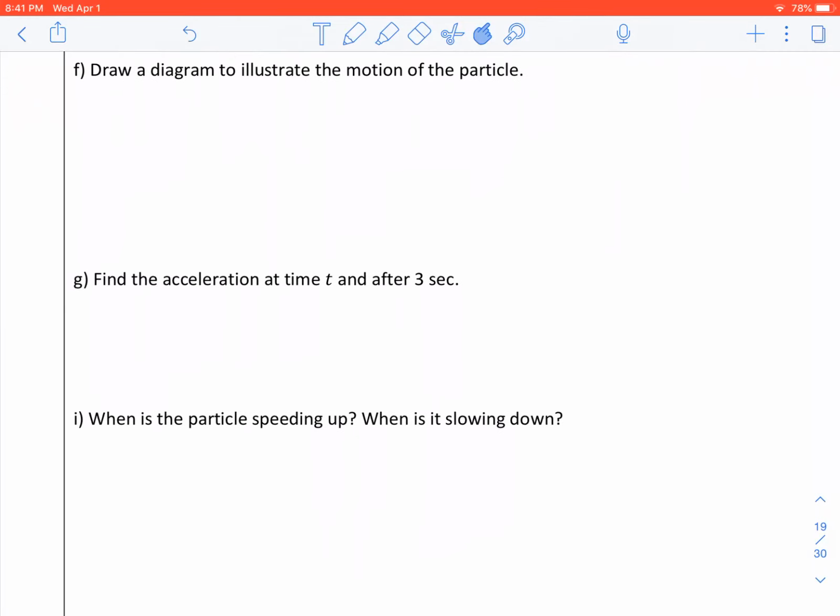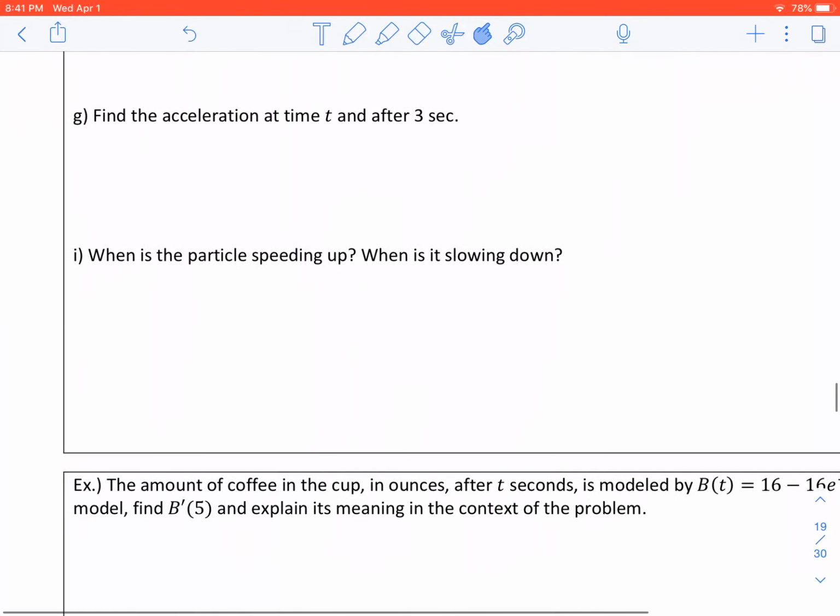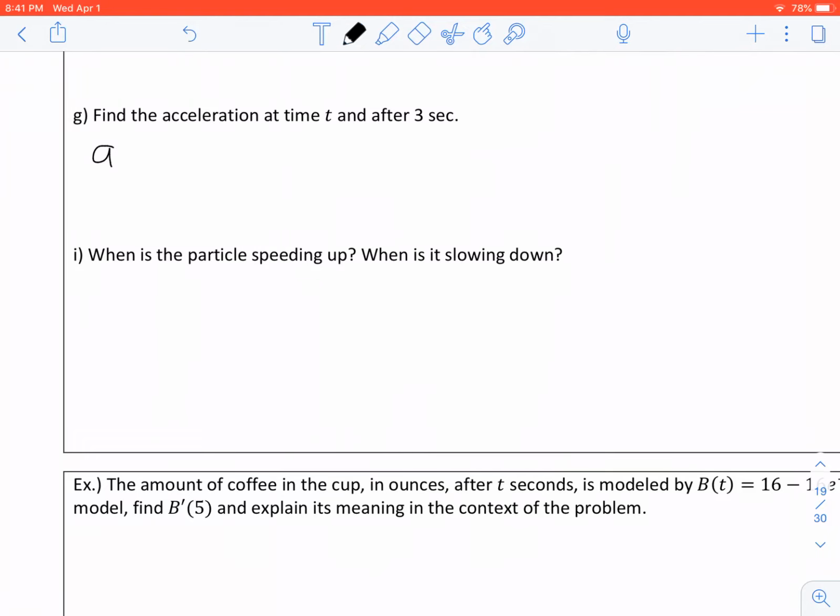So looking down here at part g, it says find the acceleration at time t after 3 seconds. So an acceleration function is the derivative of our velocity function or the second derivative of our position function.